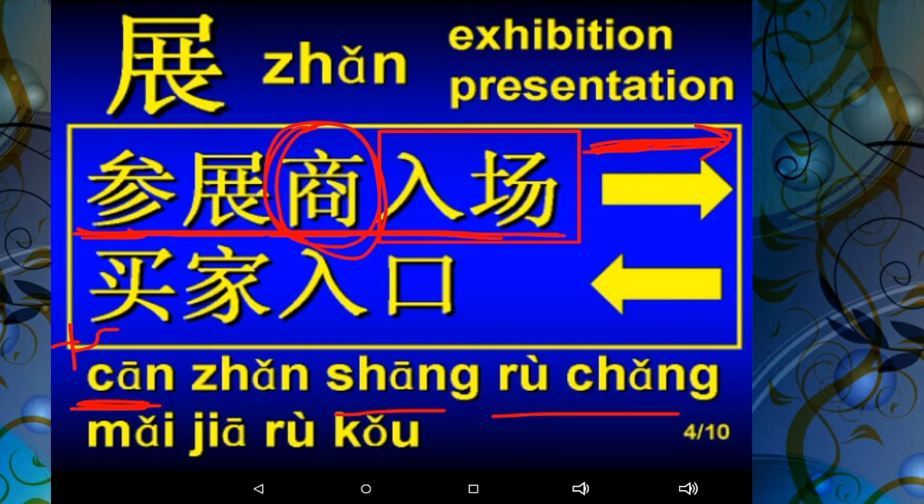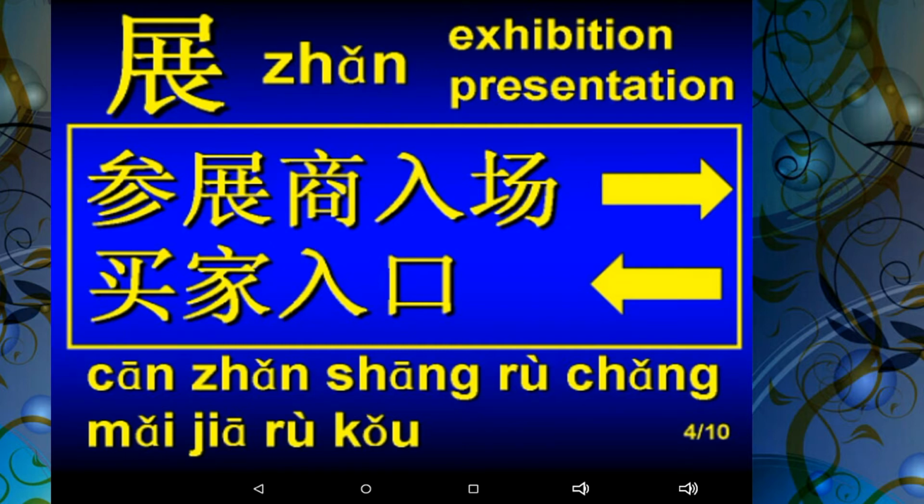Now, what is this next bottom line here? What does this say here? Well, this says, Mai Jia Ru Ko. And what does this mean? Mai means buyers. Jia, and you should be familiar with this particular character.